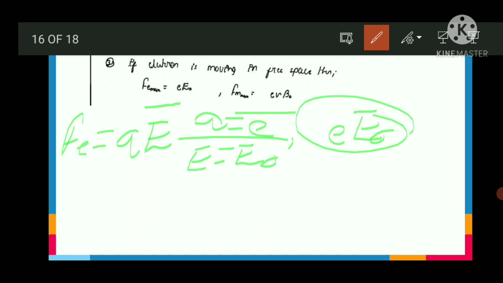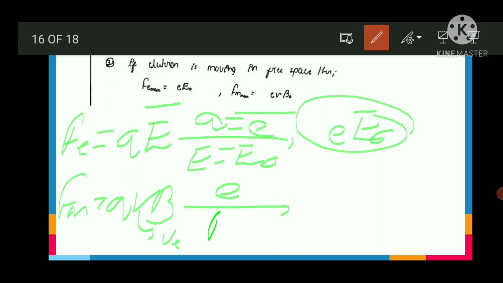This is our maximum electric force. Similarly, magnetic force Fm equals QVB, where V is the velocity of the electron, and for the maximum value it equals QV B naught. I think this is also clear to you.